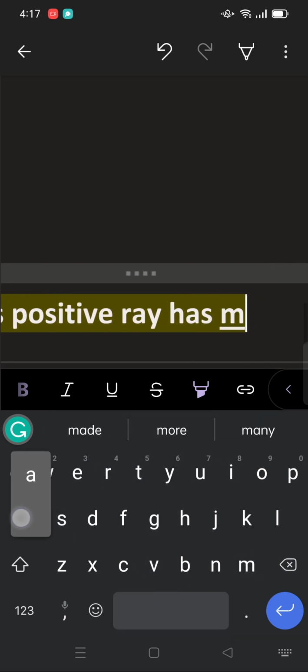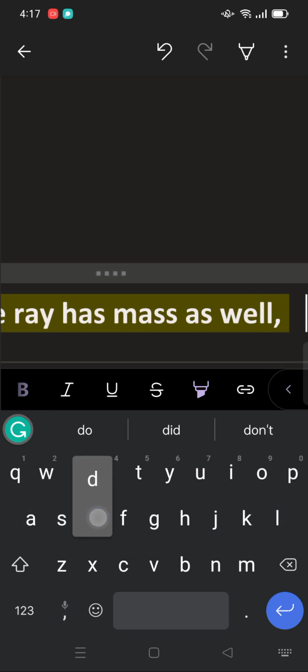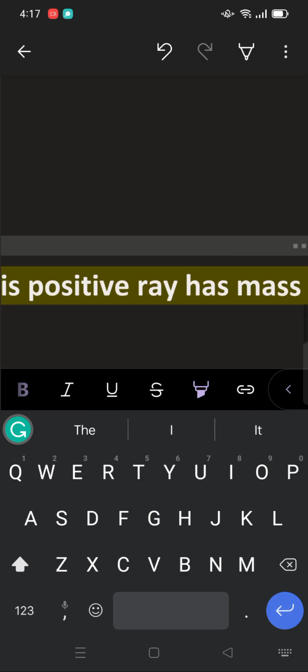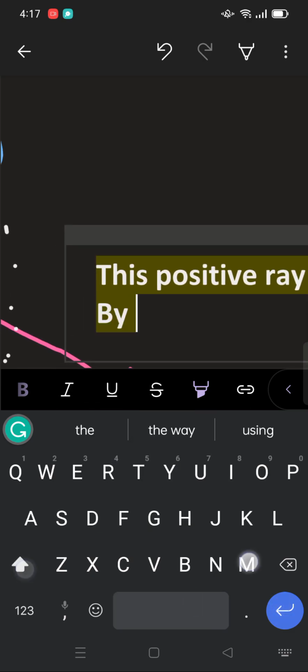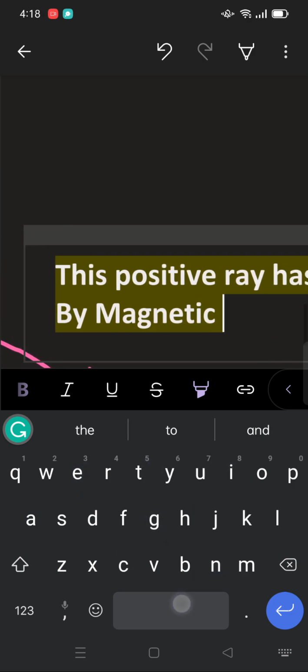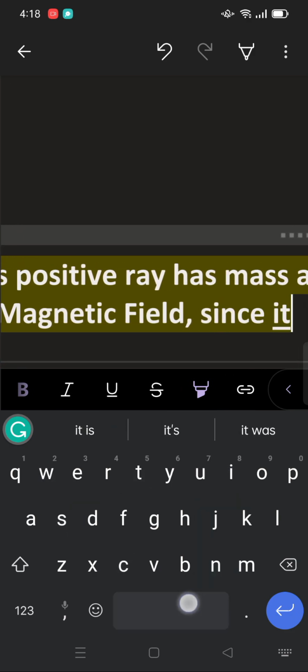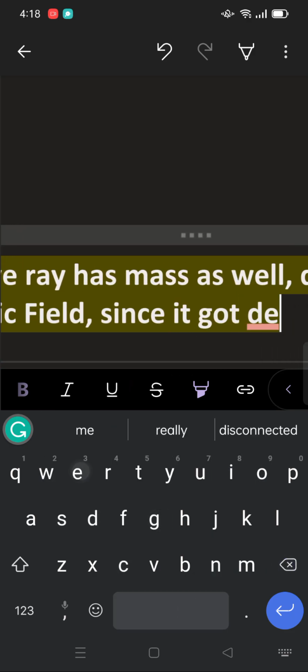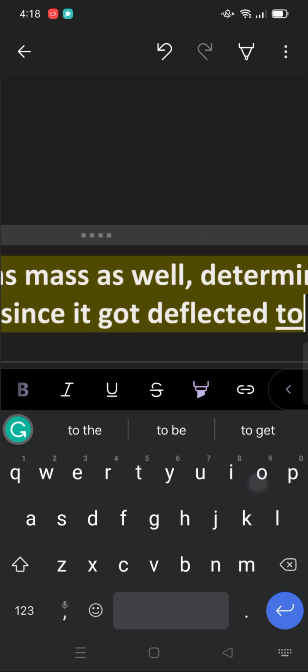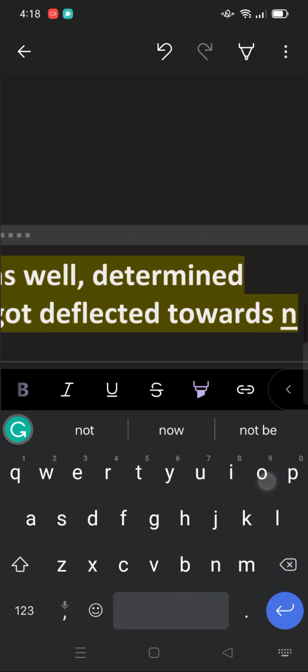So let's write this too. This positive ray has mass as well, which was determined by the magnetic field, since it got deflected towards the north pole.